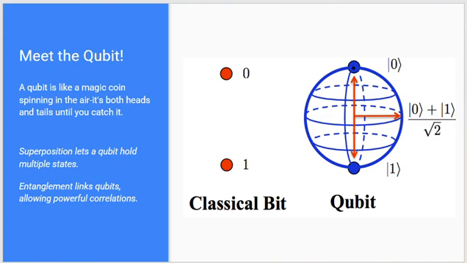One cool thing is that quantum gates can do things backwards too. Imagine you are in a maze. A regular computer has to try every path one at a time to find the way out. On the other hand, a quantum computer can try all the possible paths at once.